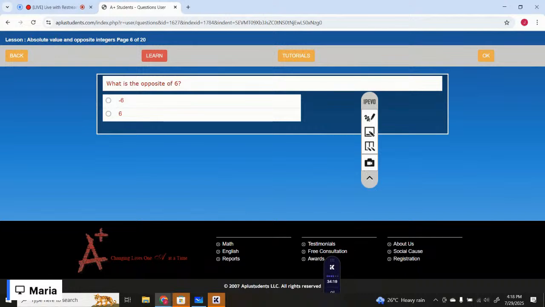Opposite of 6 is negative 6. Option number 1 is the correct option.